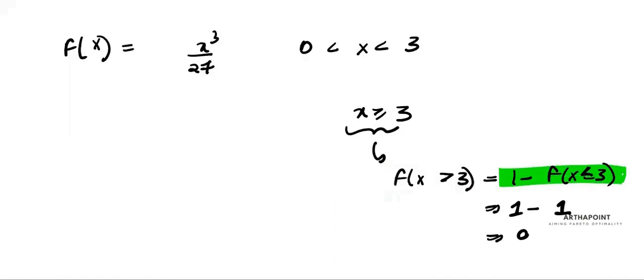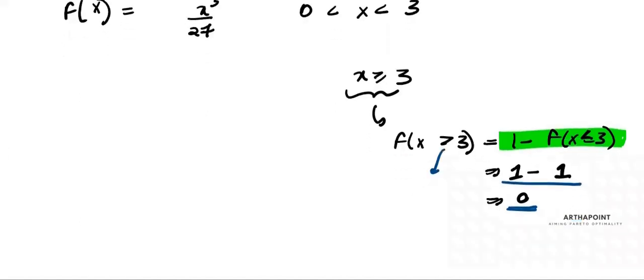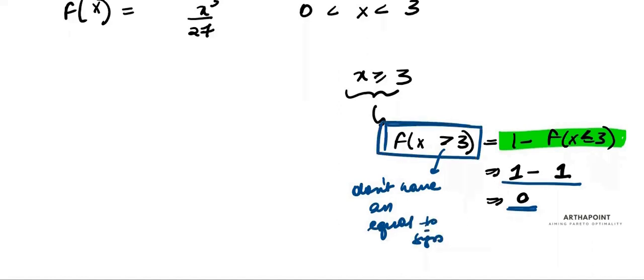And this is going to be 1 minus 1, which is going to be 0. So when you don't have an equal to sign here, this is what happens. This is simply saying, what is the probability x is greater than 3? It's 0. What is the cumulative probability that x is greater than or equal to 3? This is 1.